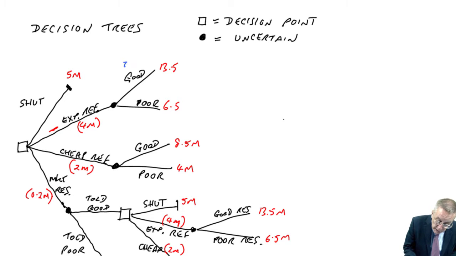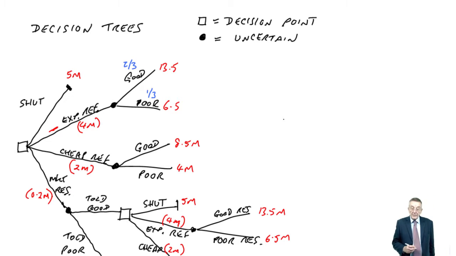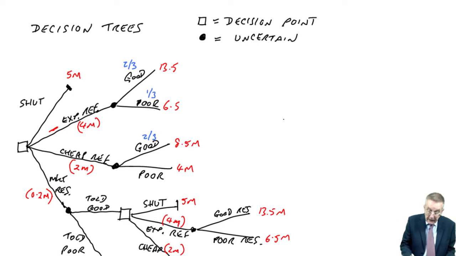So there's a 2/3 probability it'll be good, and surely therefore a 1/3 probability it'll be poor. He says that'll be the case whether we do expensive or cheap. So if we do cheap, 2/3 probability it's good, a 1/3 probability it's poor.